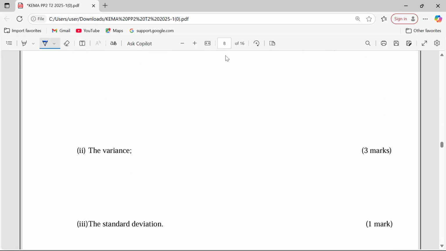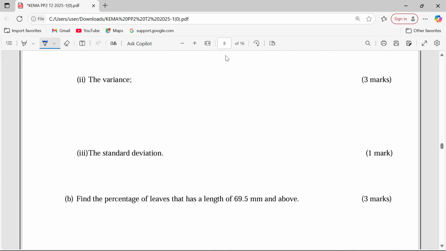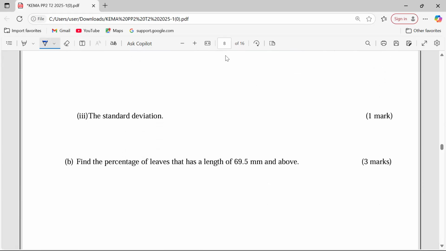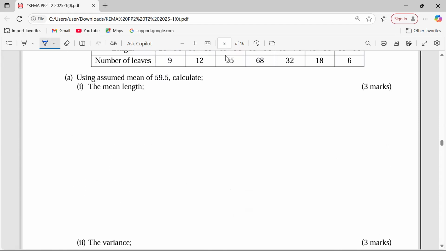Then part B, the variance. Part C, the standard deviation. Then later we are to find the percentage of leaves that have a length of 69.5 millimeters and above. So let's begin.